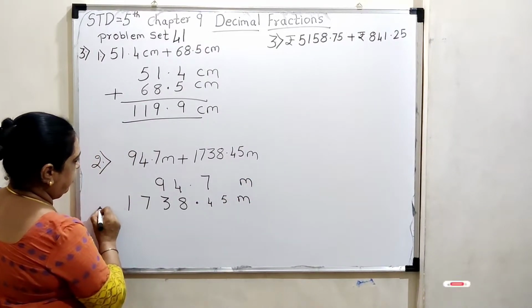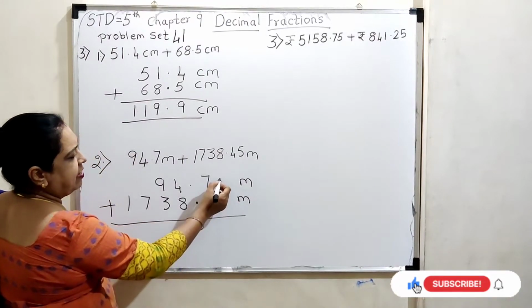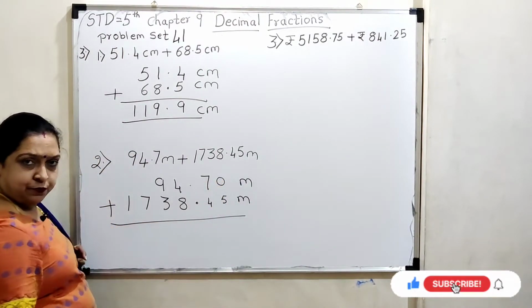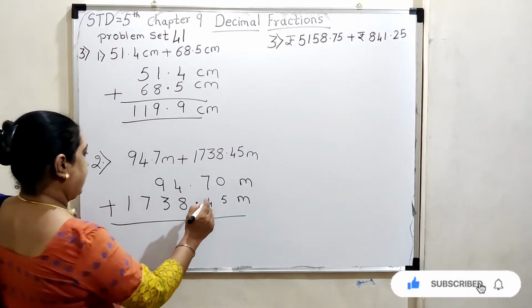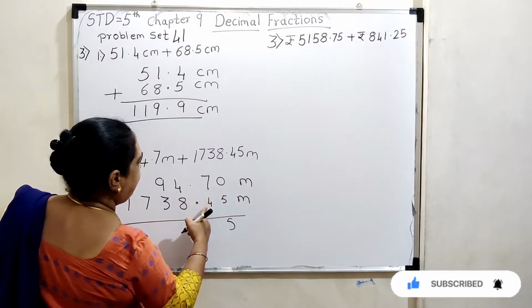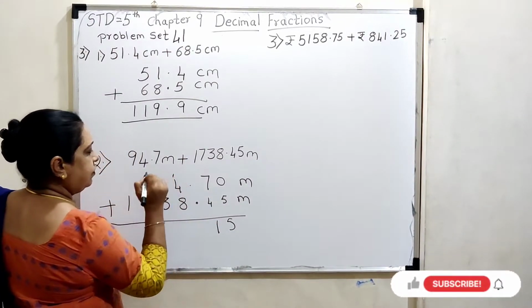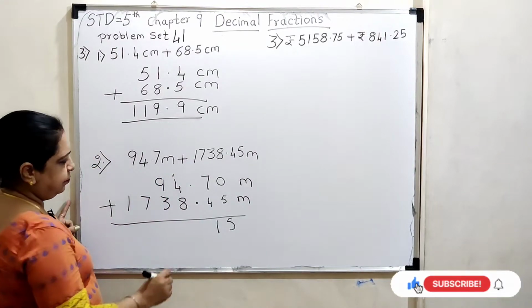Now, you will have to add. Nothing is over here above 5, so you can write 0. Now, 5 plus 0 is how much? 5. 7 and 4, 11. 1. Carry over here 1.